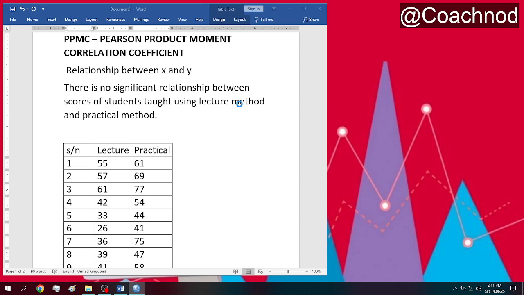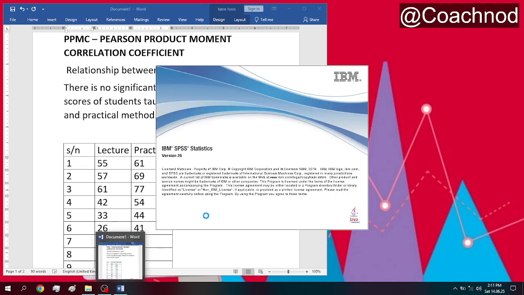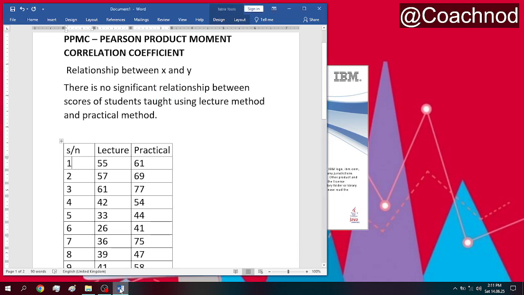You will be comparing two variables' relationship. That's where we can use correlation.